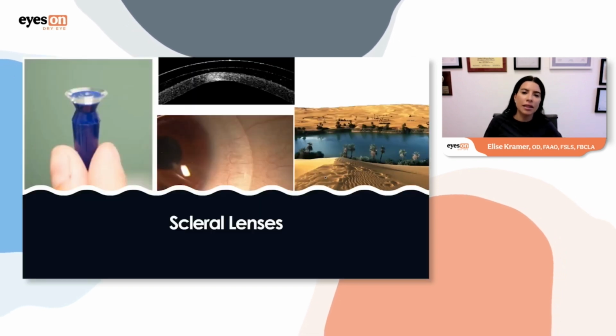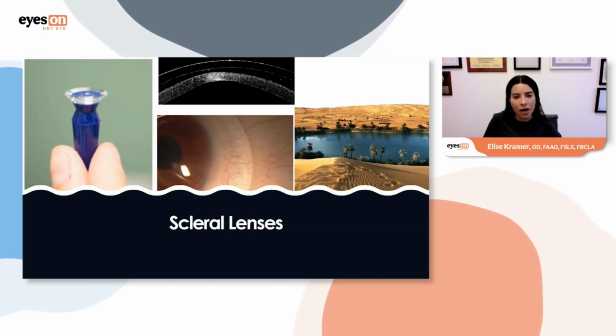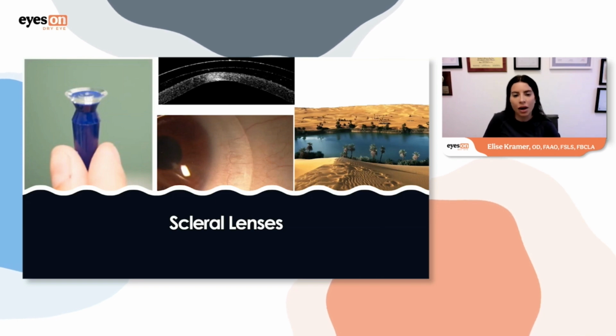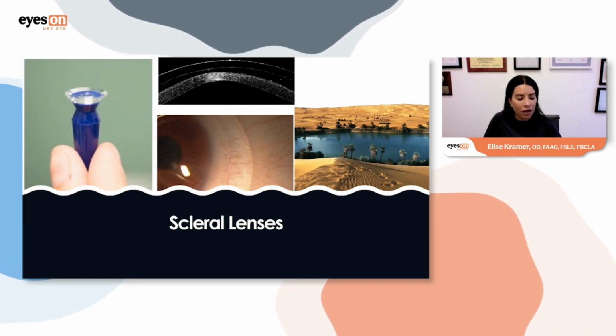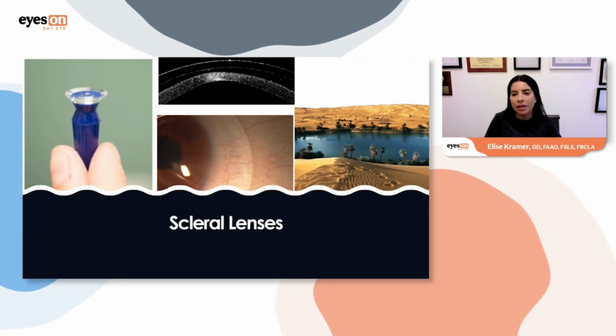So a scleral lens, as I mentioned, creates a tear film reservoir which will cover the surface that the lens covers. So if you're covering the cornea and part of the conjunctiva, then that part will be in this oasis that you're creating in the scleral lens.